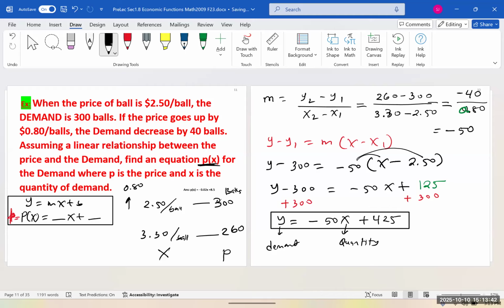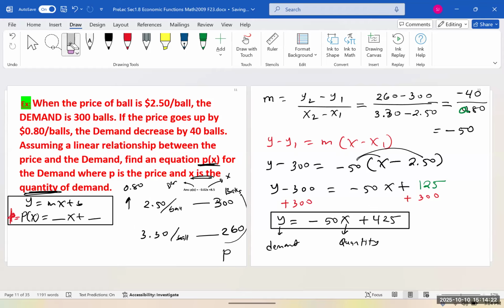But what they did, they're saying X is the same, demand is here, X is the quantity. I think they're wrong because X is the quantity, right? If X is the quantity, these are the quantities we have. And price is the demand. So this is the price we, oh man, now I see.